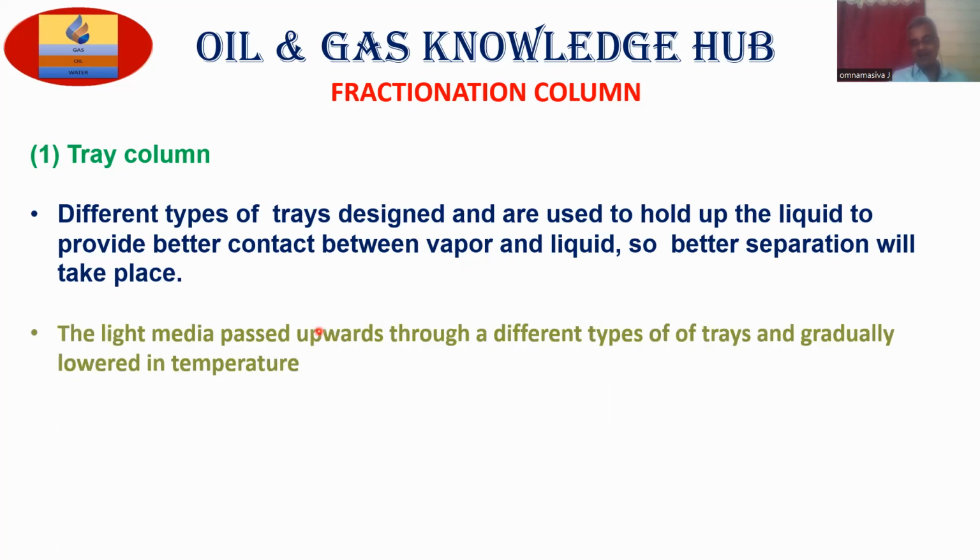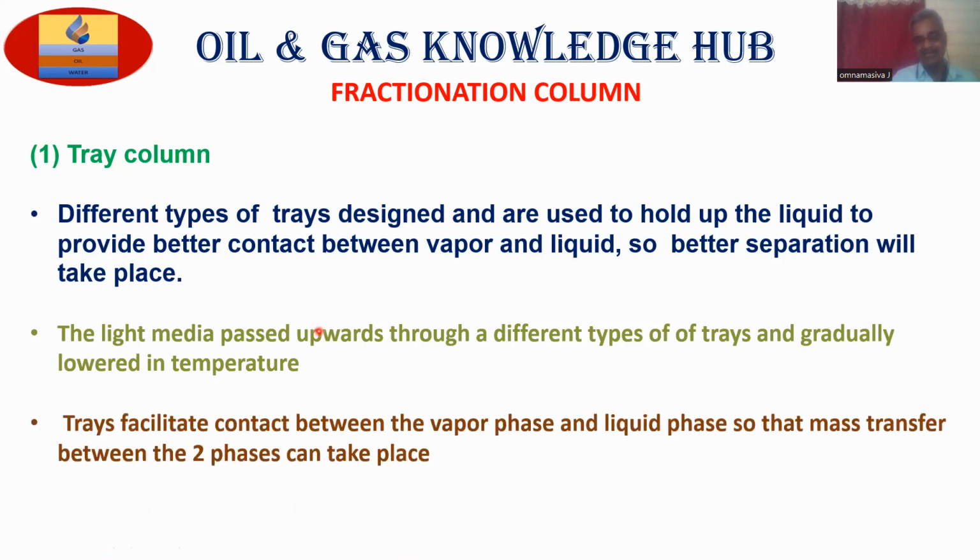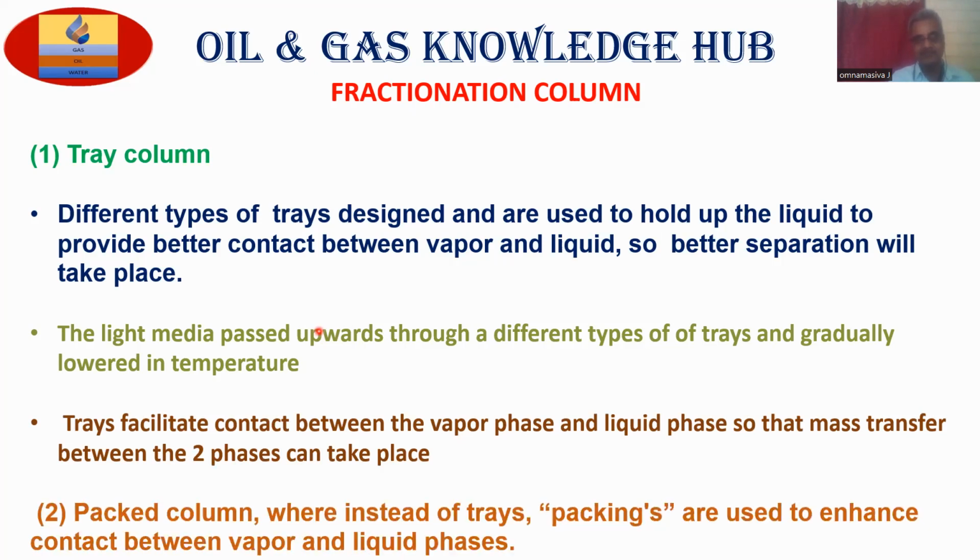The light media passes upwards through the different types of trays and gradually lowers in temperature. See, trays facilitate contact between the vapor phase and liquid phase, so that mass transfer between the two phases can take place. That is about the tray column.